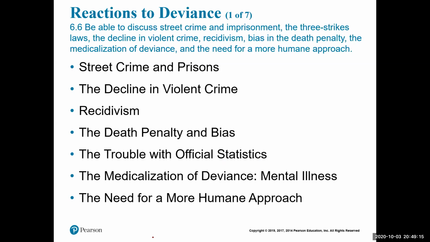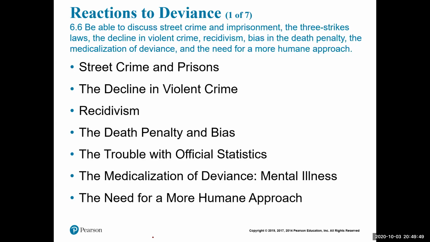When we looked at street crime and prisons, what's the difference between the two, right? The United States has about 5% of the world's population, but about 25% of the world's prisoners. One out of 35 adults, 7 million Americans, are on probation, on parole, or in jail or prison, if you really want to slice down those numbers.